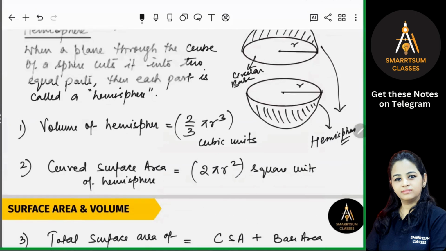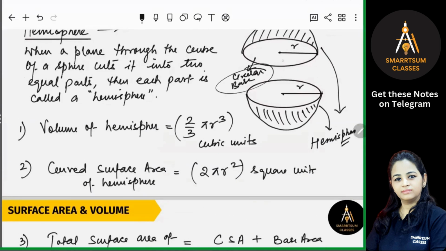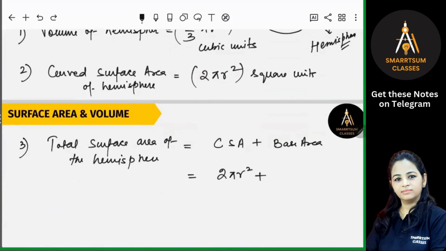And what is the base area? Since its base is circular, the area of the circle is pi r square. If you add them, you get the total surface area of the hemisphere, which is 3 pi r square units.